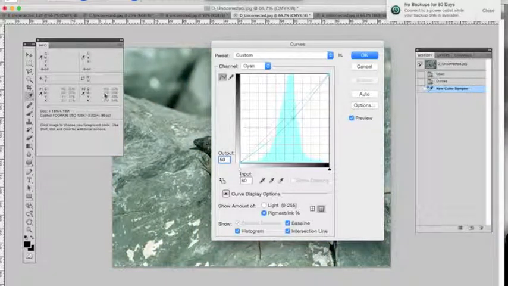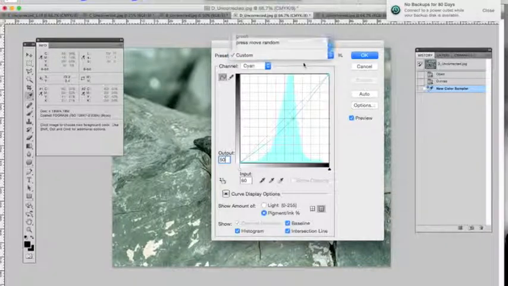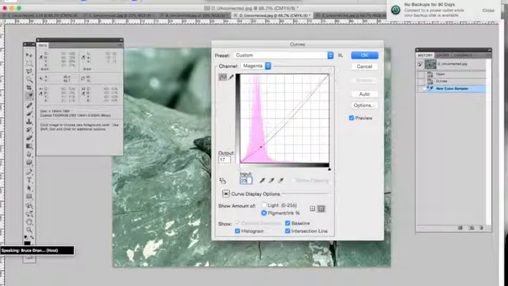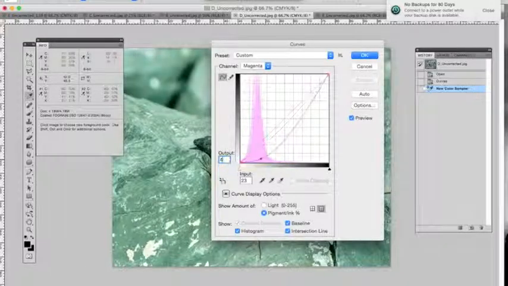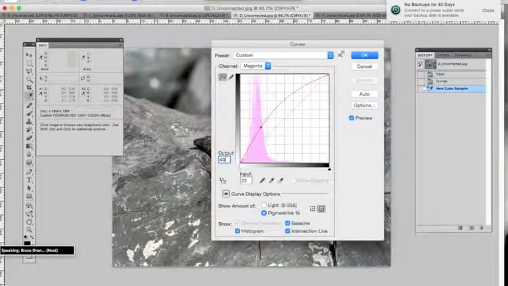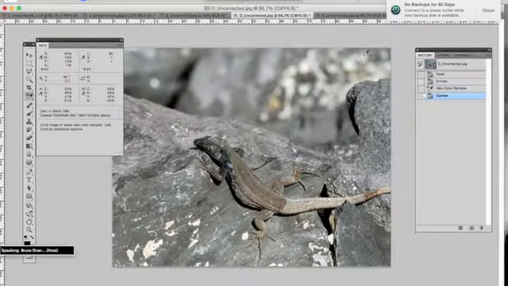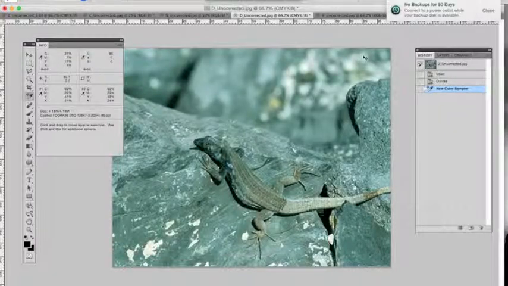And our yellow and magenta is too low, so we want our magenta to move from 23 to 40. So we now see a nice grey rock, and our lizard is looking more natural than he certainly did before.